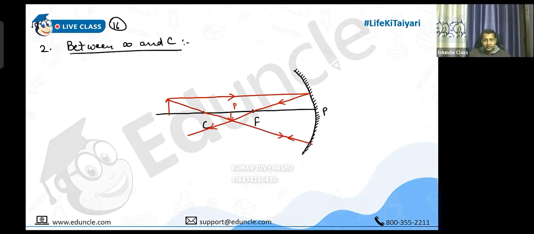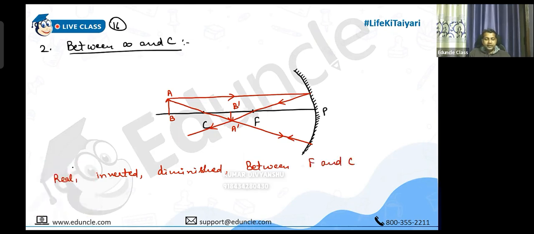You can see the image is formed here like this. Okay, so again, real, inverted, diminished, and between f and c. Is it clear? So you can see the image has moved away from the mirror by some distance. Earlier it was at focus, and now when we take the object and see, the image will also be formed at c.